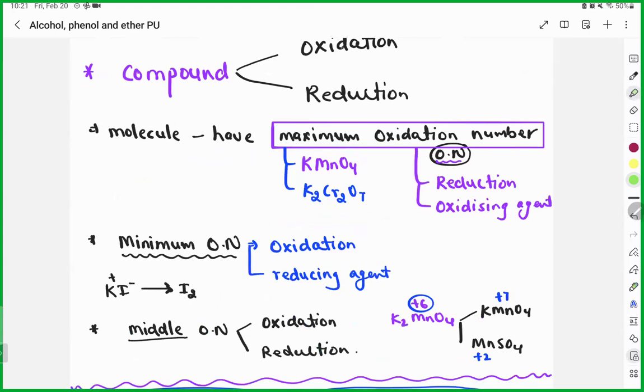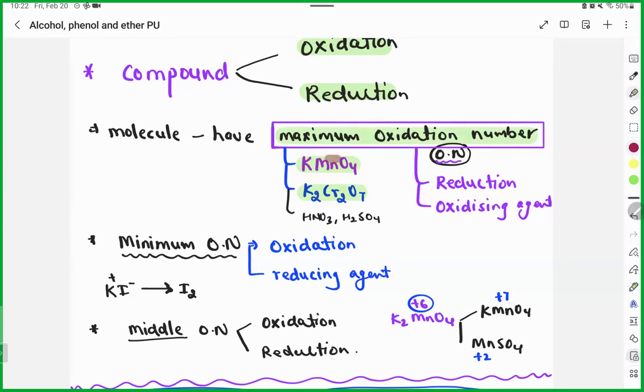A compound can undergo oxidation and reduction. How to know? If any compound has the maximum oxidation number, like KMnO4, K2Cr2O7, HNO3 or H2SO4, in all these compounds the element is present in its maximum oxidation state.